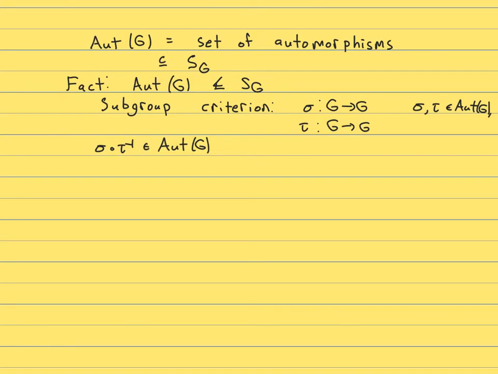Why? Because sigma and tau are already bijections, and so tau inverse is already a bijection, and the composition of bijections is already a bijection. So we already know that this is in S(G). So we only need to show it's in Aut(G), and the only difference between these two is that these are the ones that preserve the multiplication. So we just need to do a calculation.